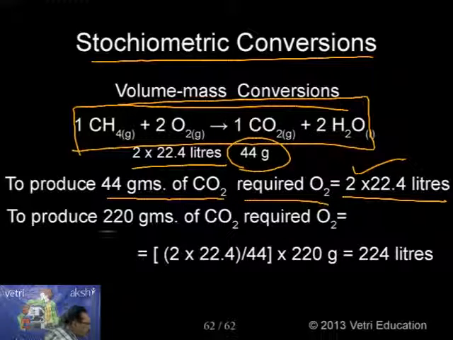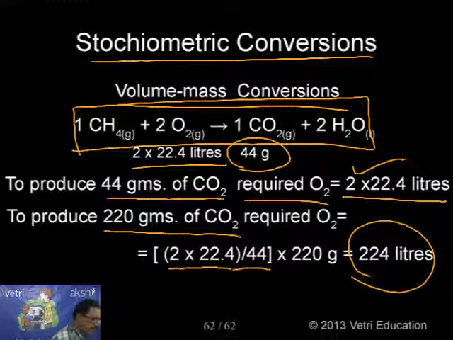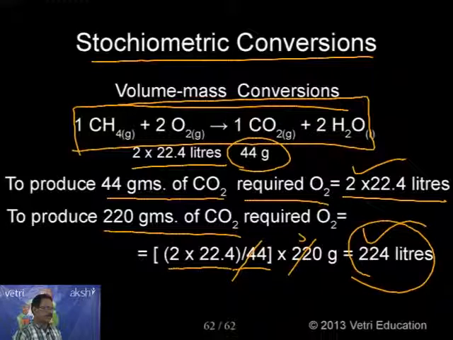So to produce 220 grams of carbon dioxide, required oxygen equals 2 into 22.4 divided by 44 into 220. If you divide 220 by 44, it will be 5 times, so 5 into 2 into 22.4, that is 10 into 22.4, will give 224 liters.